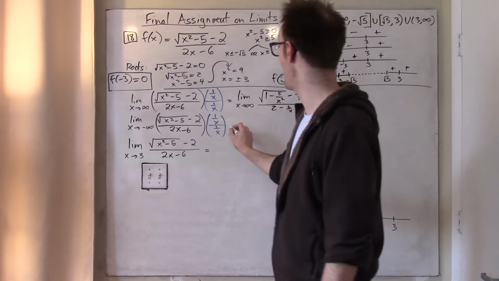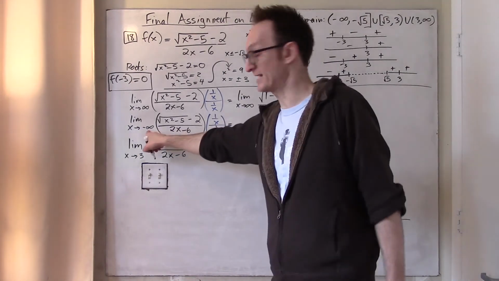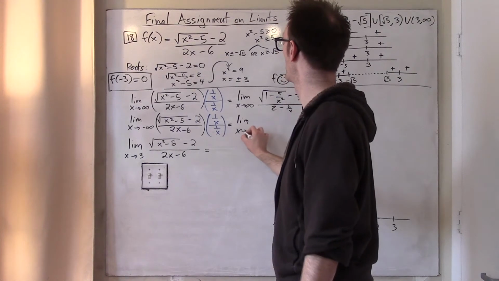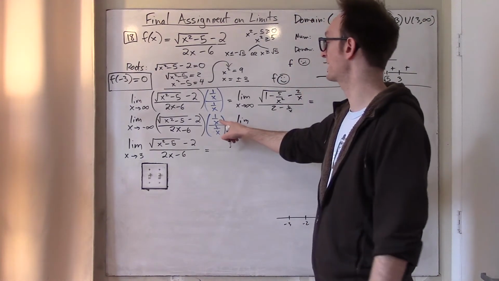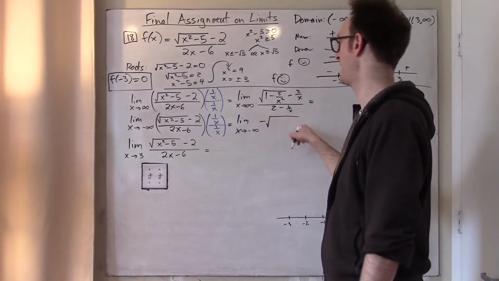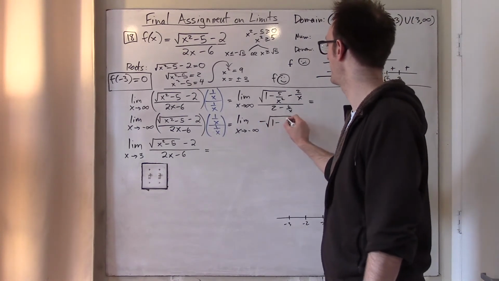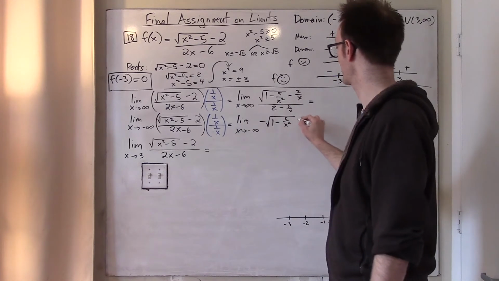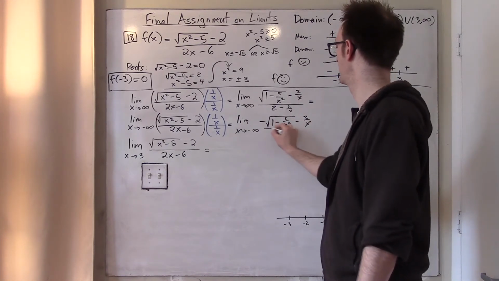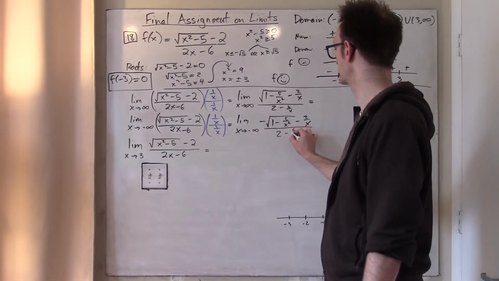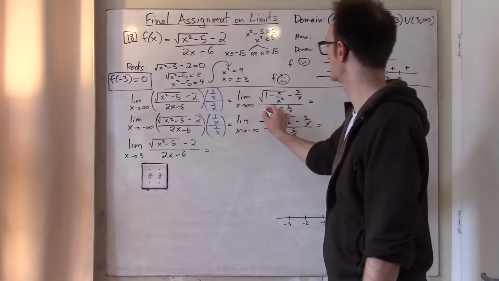Whereas, since x is going to negative infinity now, when I put the 1 over x back in jail, it leaves a negative behind, and this becomes 1 minus 5 over x squared minus 2 over x, over 2 minus 6 over x.